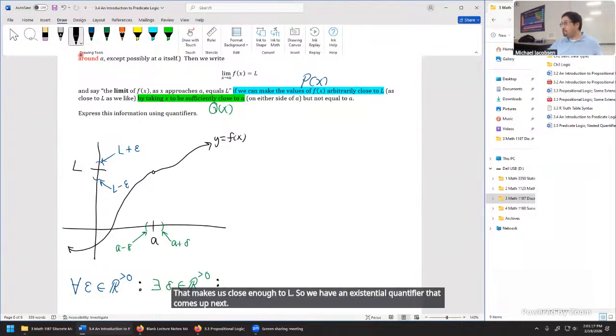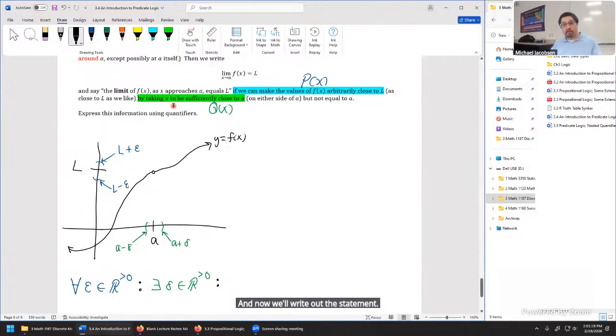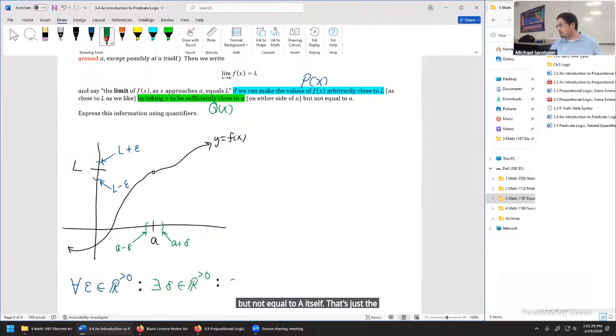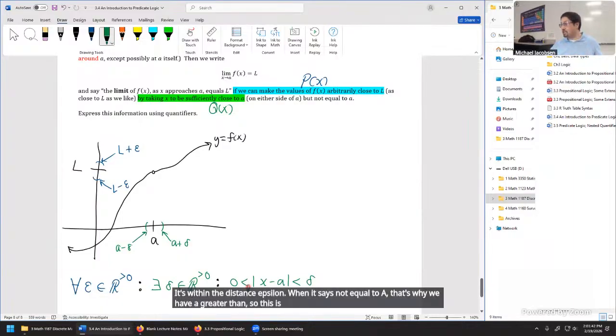And now we'll write out the statement. If we're close enough to a, the x statement, but not equal to a itself, that's just the statement that 0 is less than absolute value of x minus a. When it says not equal to a, that's why we have a greater than, so this is always a positive distance.